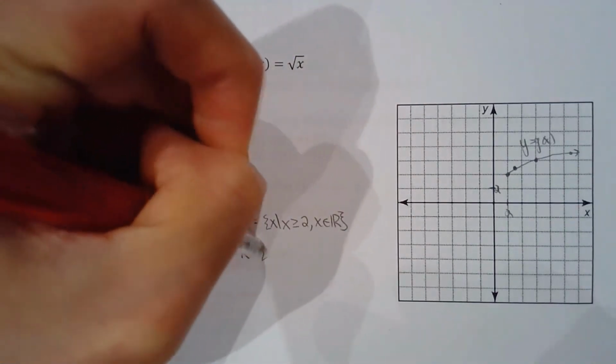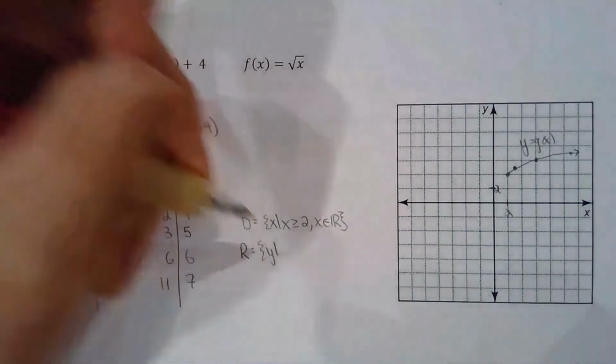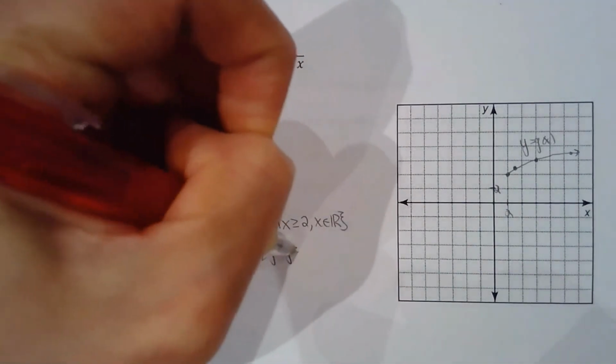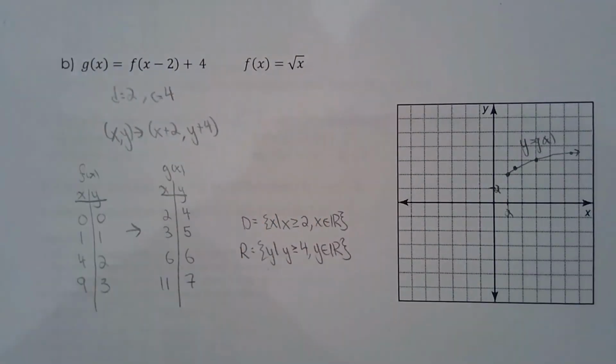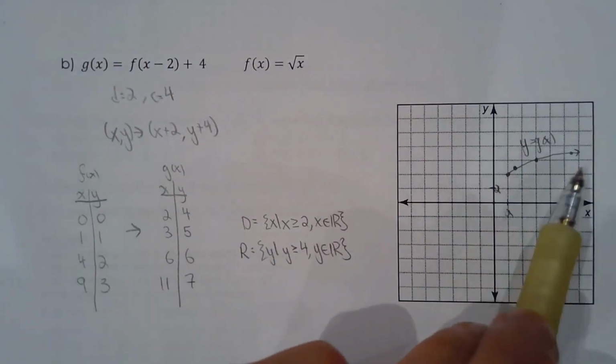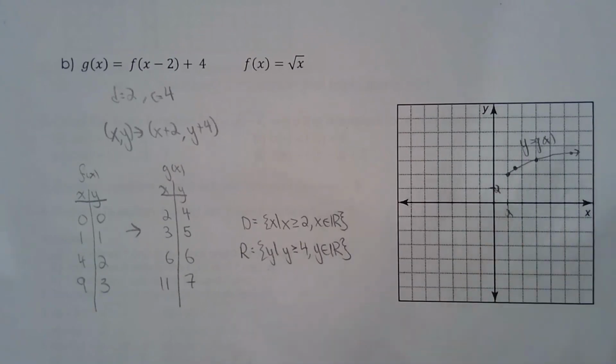So if you forget, just look at the graph. The endpoint will dictate what the domain and range will be of the transform square root function. All right, so we introduced horizontal and vertical translations, and the next transformation will be reflections.